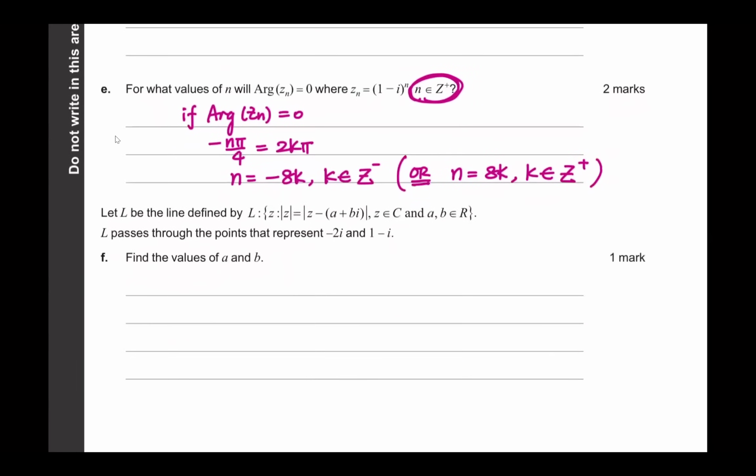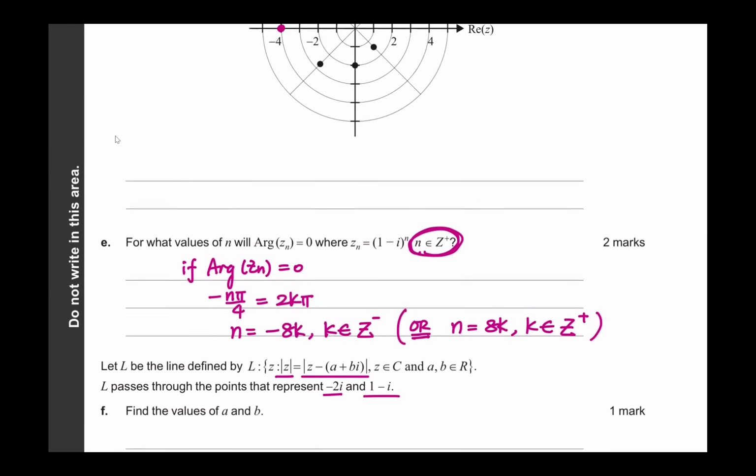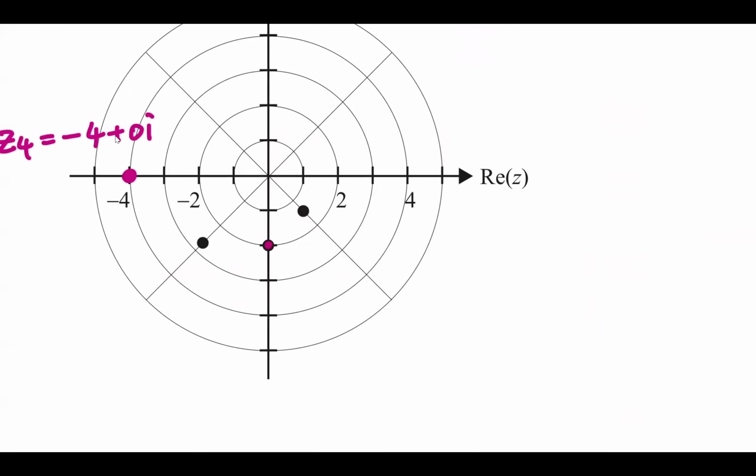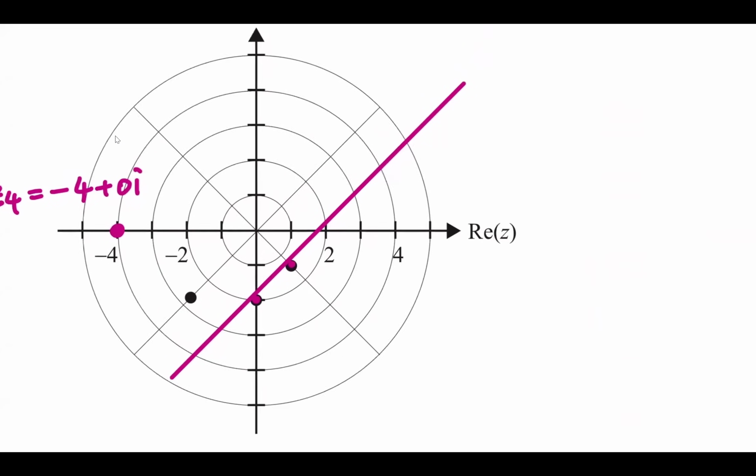Part F. L is the line defined by |z| equals |z minus (a plus bi)|. L passes through the points representing minus 2i and 1 minus i. Find the values of a and b. So where is minus 2i? It's here. Where is 1 minus i? It's here. So let me draw a line like this.